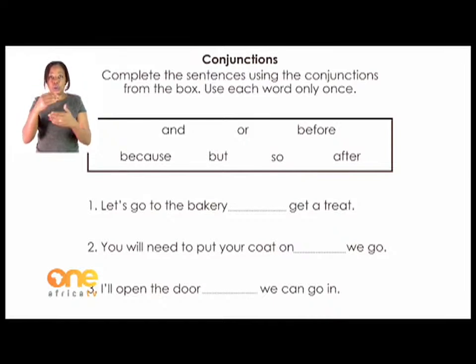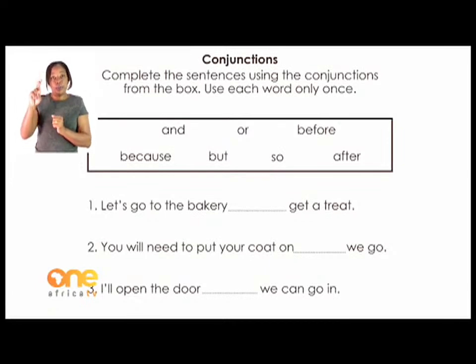Okay. So now let me quickly explain to you how do we use each of the conjunctions. And is used when you are adding some other information. In addition to what you have said already or what you have done already, you use the and because you are adding some information.